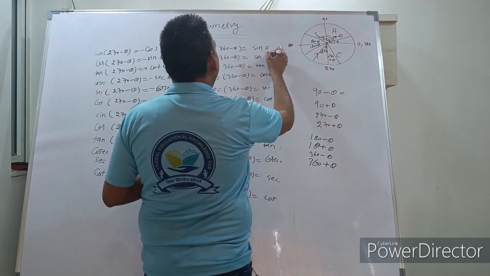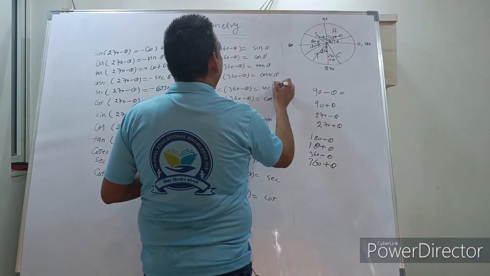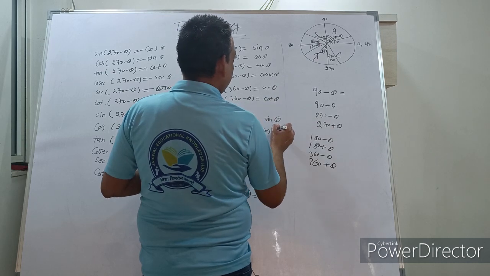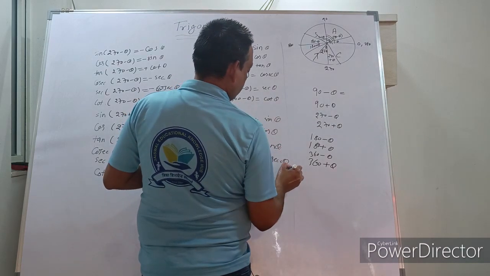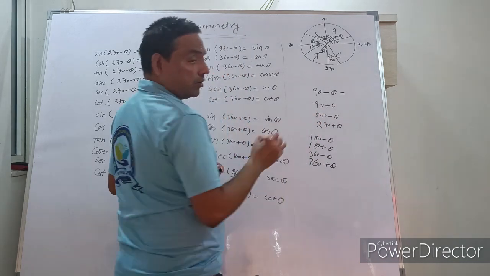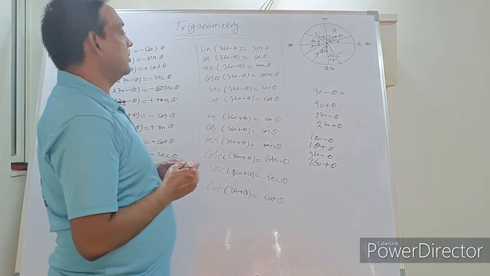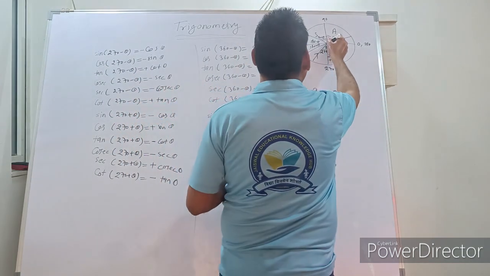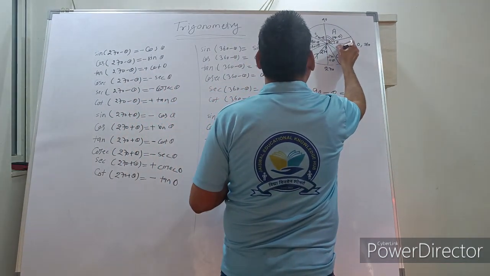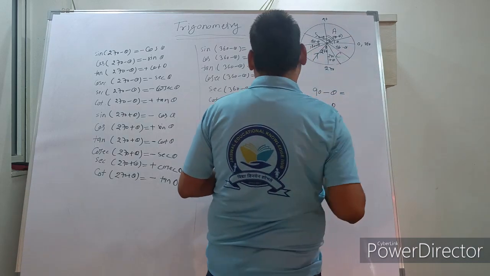All will be in terms of theta. Okay, now we only have to check the sign. So 360 minus theta lies in the fourth quadrant.